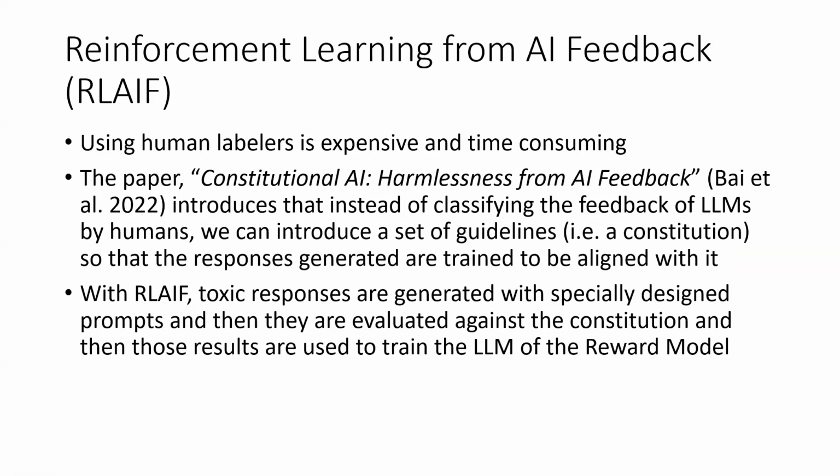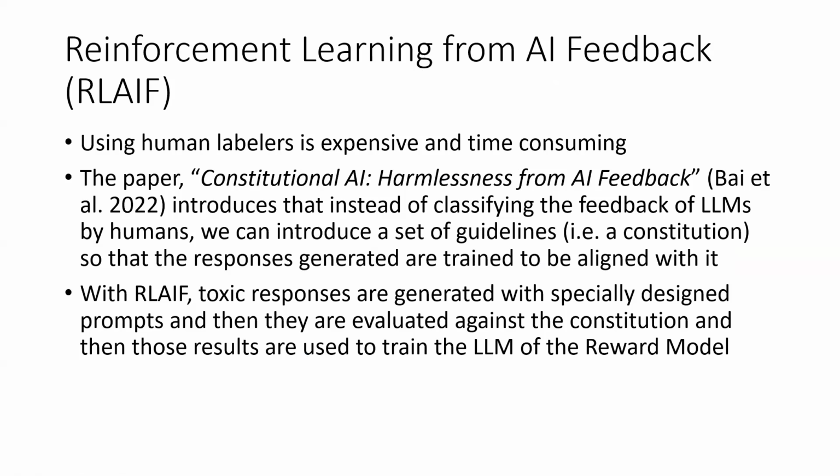So this is known as reinforcement learning from AI feedback. Instead of humans being involved with the feedback, the AI itself can find whether the generated content is according to the constitution written by the humans.